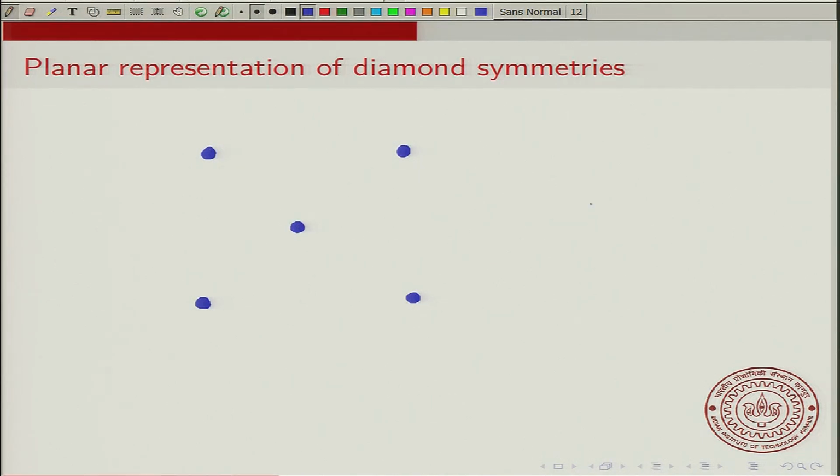This was the z equal to 0 layer. Then at z equal to 1/4, you had these two atoms.